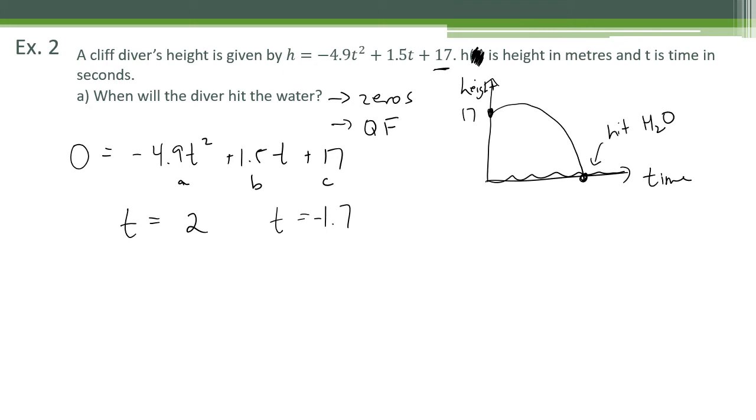Now to answer our question, t stands for time, and we have 2 answers. Obviously that's 2 seconds. And if we were to continue this parabola this way, that would be negative 1.7. Going to the left along our x-axis would be like going back in time, which clearly is not possible. So this is not a solution.